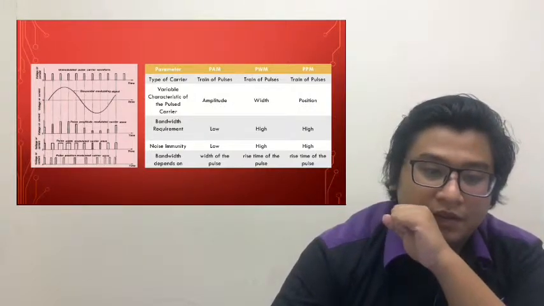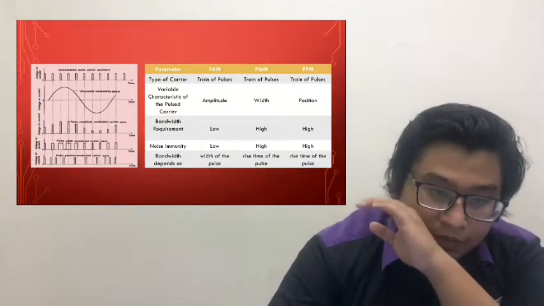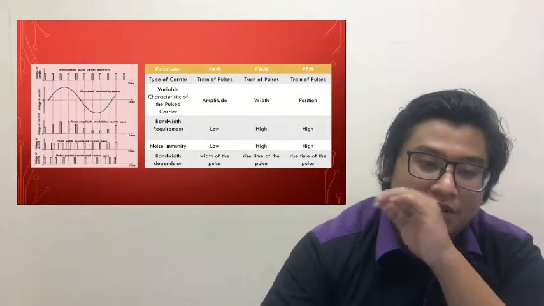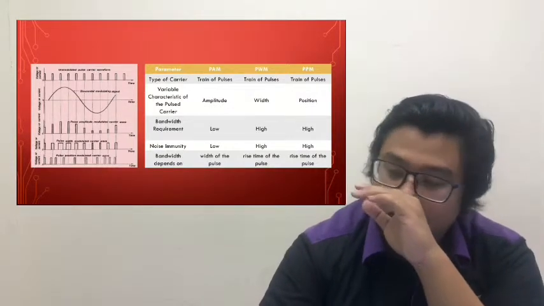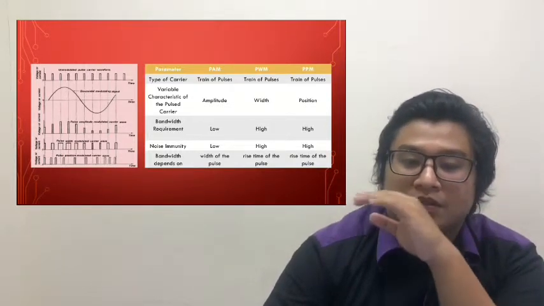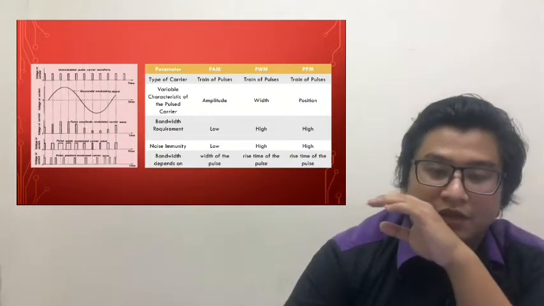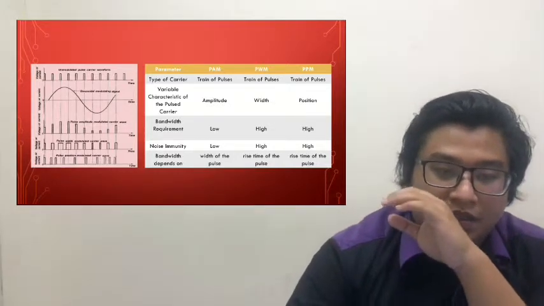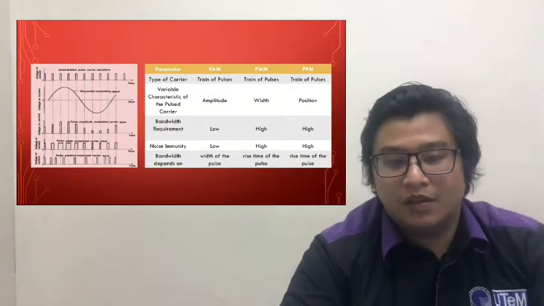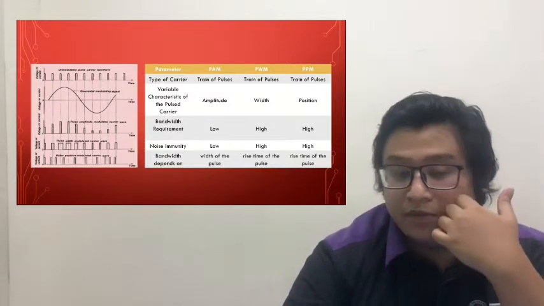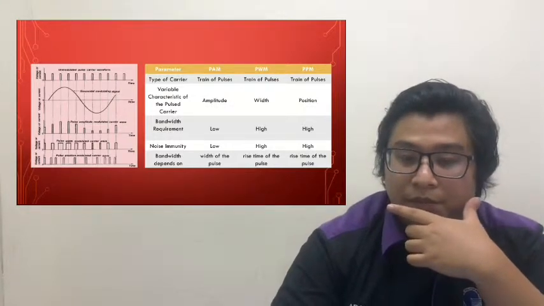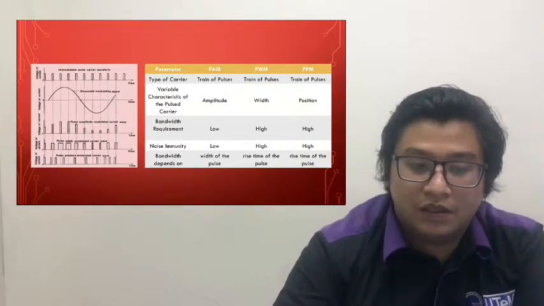So it has parameters. The type of carrier for these modulations is a train of pulses. The next parameter is the variable characteristic of the pulse carrier. For PAM it is amplitude, PWM is width, PPM is position.